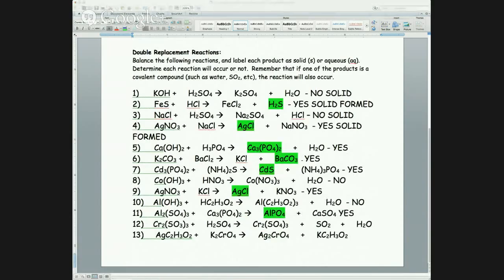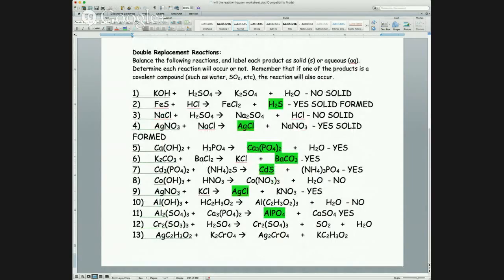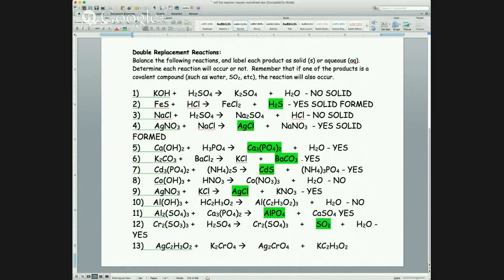Sulfates, chromium is not an exception. Oh, interesting. I believe that one makes it a yes, because it's SO2. It would say if it was a gas, but it doesn't say anything, so I'm assuming it's going to either dissolve or form a solid. And sulfur dioxide should form a solid then because it's an oxide.